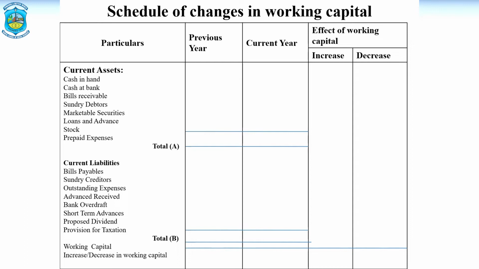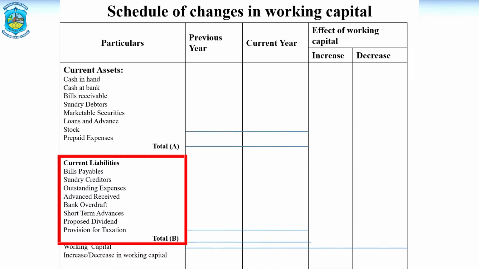There are different types of current assets like cash in hand, cash at bank, bills receivable, sundry debtors, marketable securities, loans and advances, stock and prepaid expenses. Now, current liabilities. All of you know that current liabilities are those liabilities which have to be paid within one financial year.